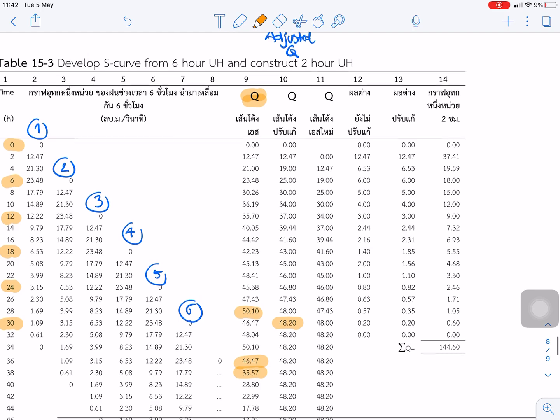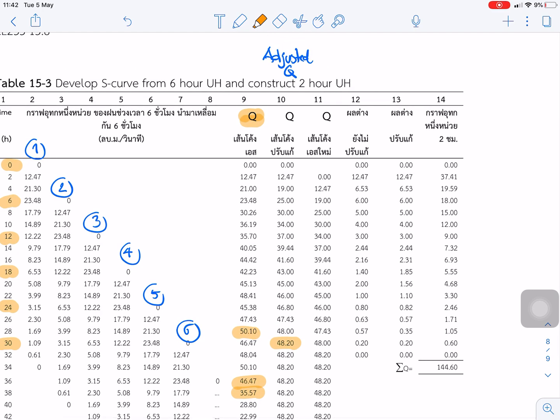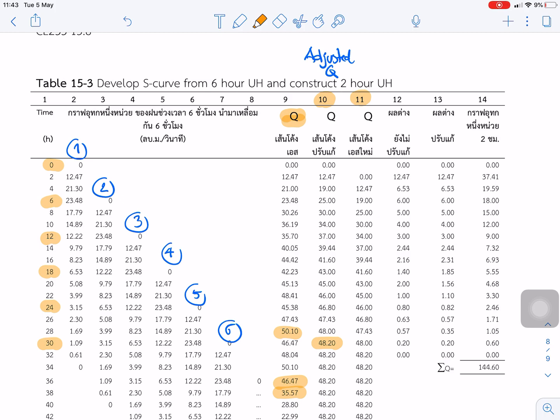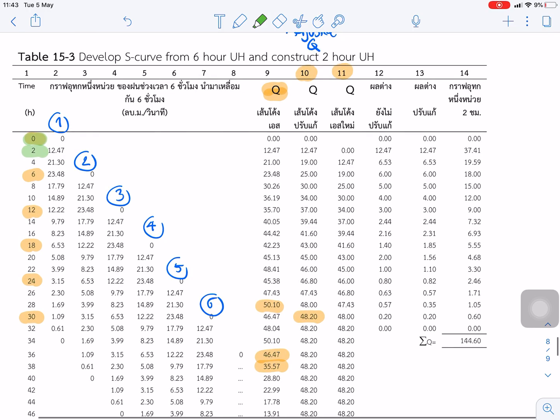Next we bring another set of the S curve, between columns 10 and 11, two S curves, making the time lag just 2 hours for the first and second S curve.